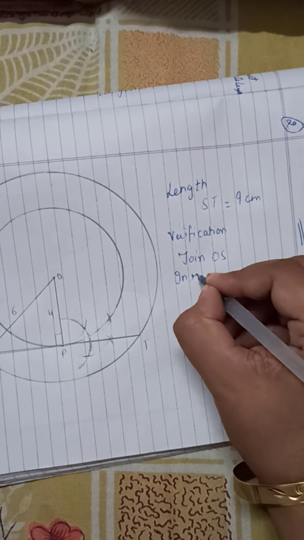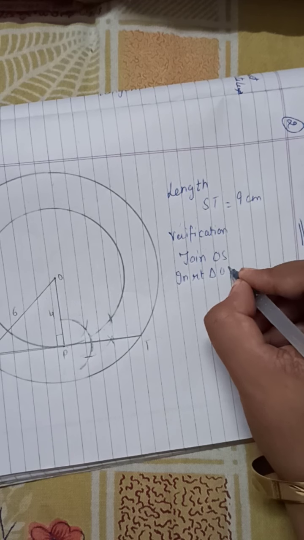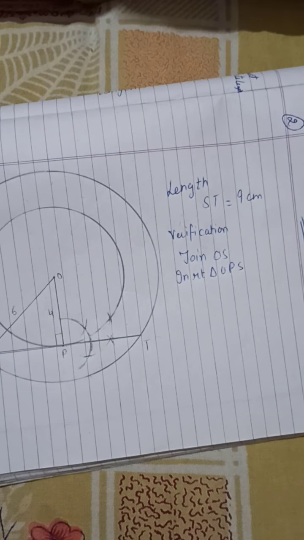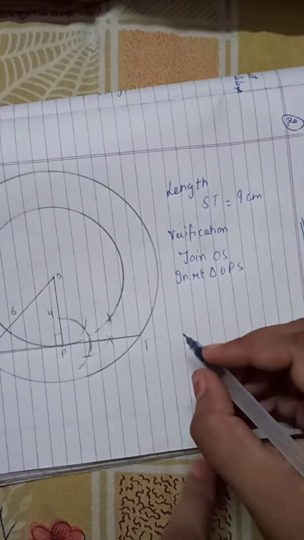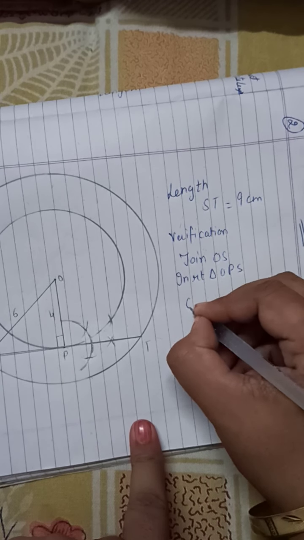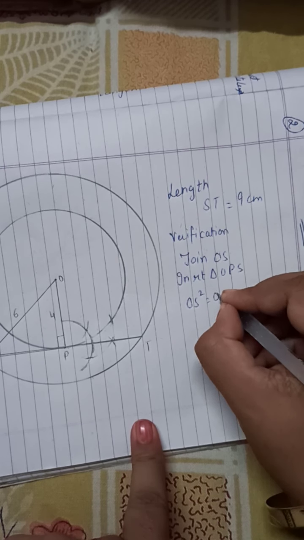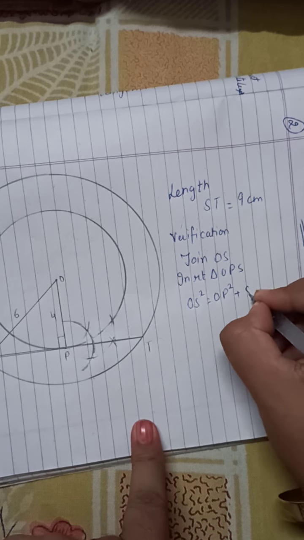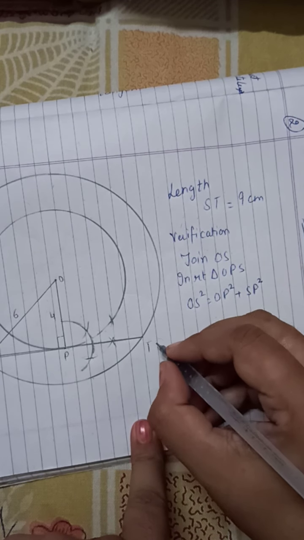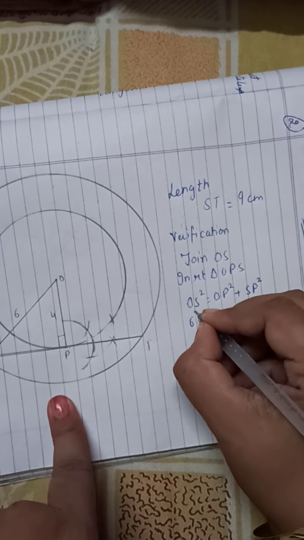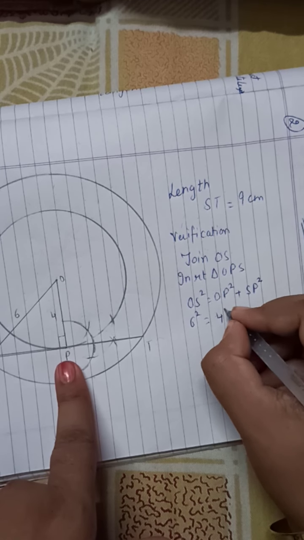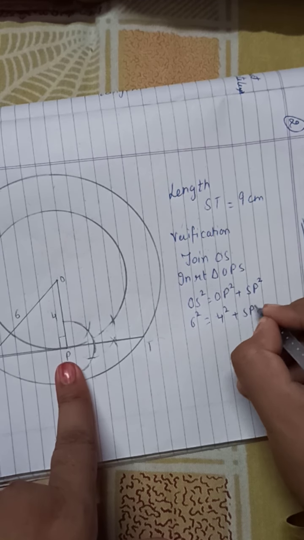In right triangle OPS, OS square equals OP square plus SP square. OS square is 6 square, OP square is 4 square, and SP we want to calculate.